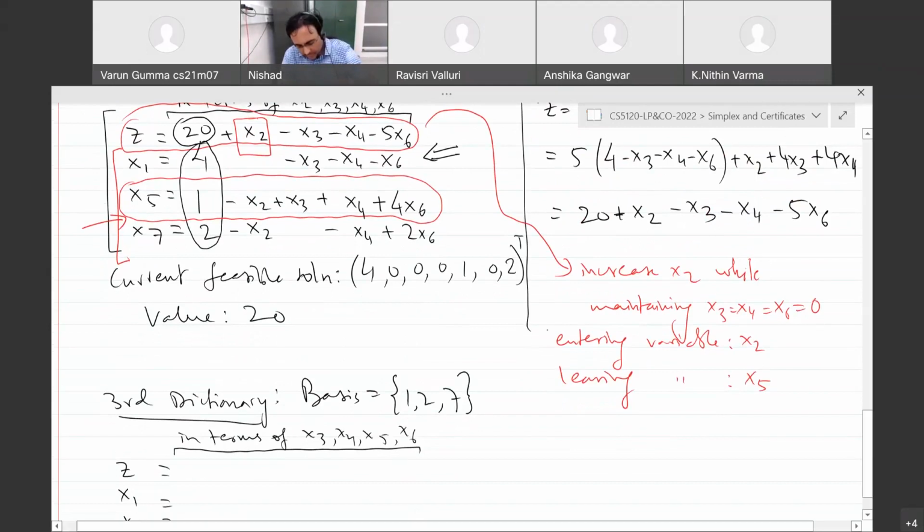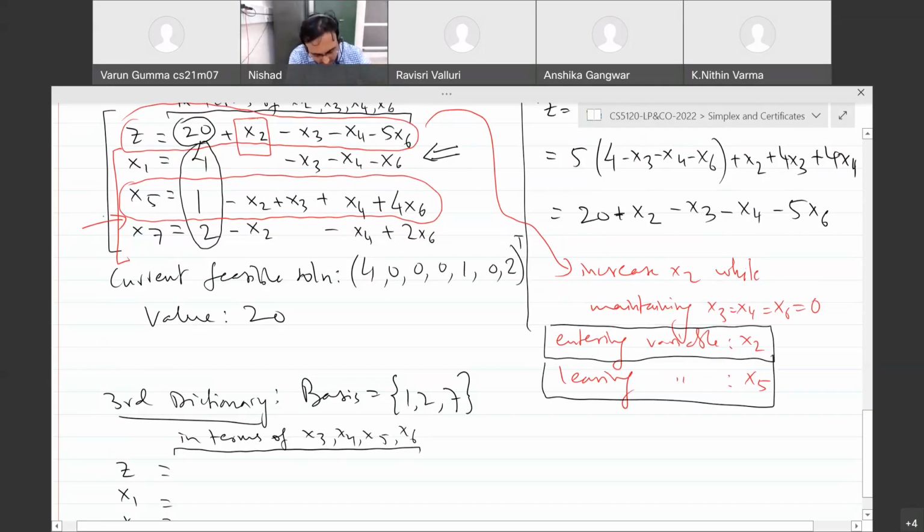Right. So this is our entering variable, and this is a leaving one. So we are going to look at the same equation in order to do our substitution. So in particular, we want x2 to be written in terms of 3, 4, 5, and 6, which is easy by just looking at this.